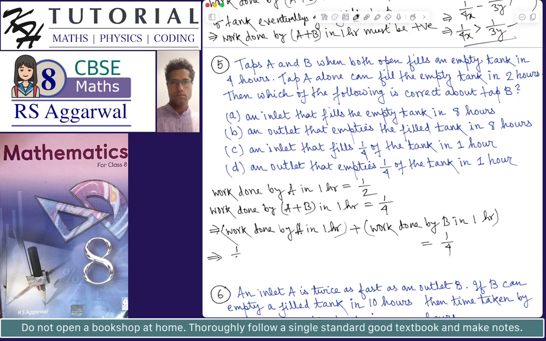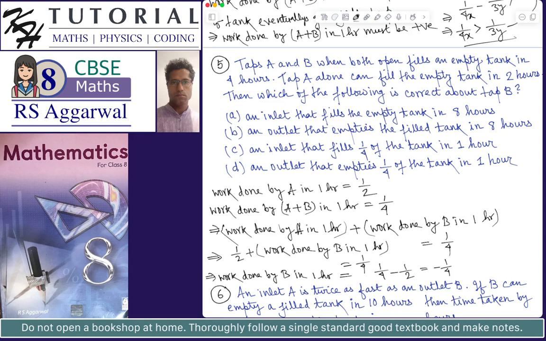So we have half plus work done by B in 1 hour equal to 1 by 4. This implies that work done by B in 1 hour will be equal to 1 by 4 minus half, which is minus 1 by 4. So we can see that the work done by B in 1 hour is negative, coming out to be minus 1 by 4.